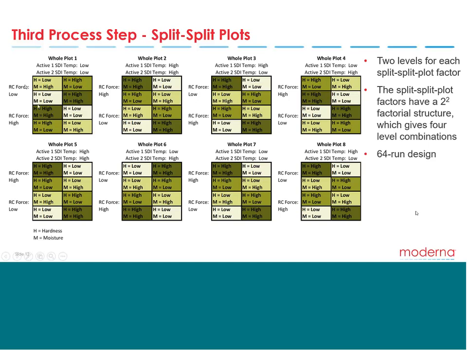You'll see in this diagram, for each of the 16 batches from the previous step, we split that into 4 to get our hardness and moisture at low-low, high-high, high-low, and low-high. So this again has that 2 by 2 factorial structure that we had in the whole plot.